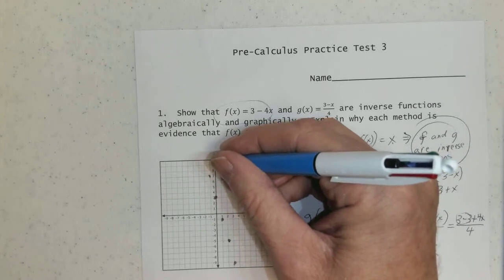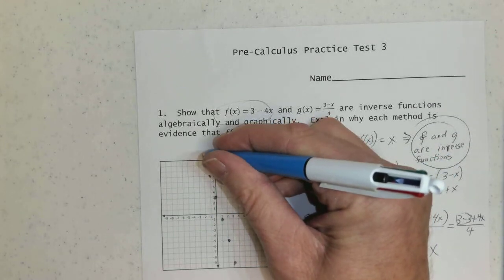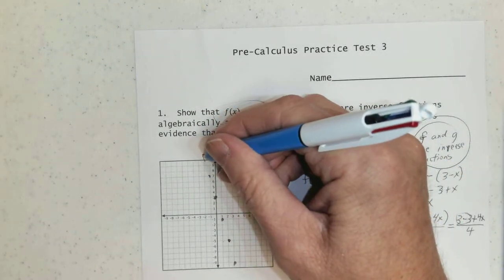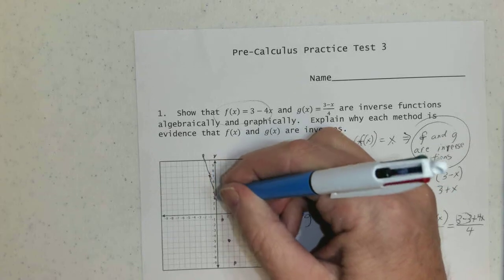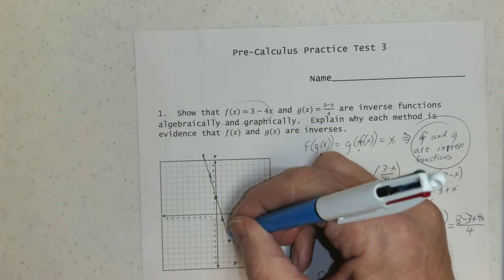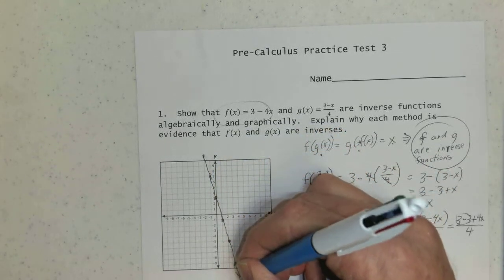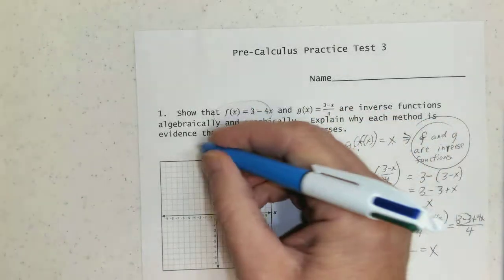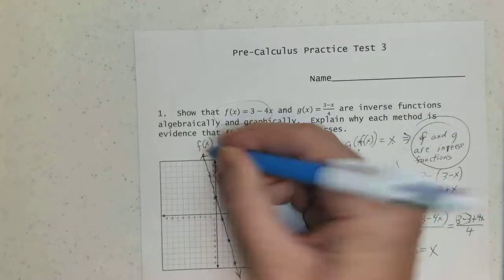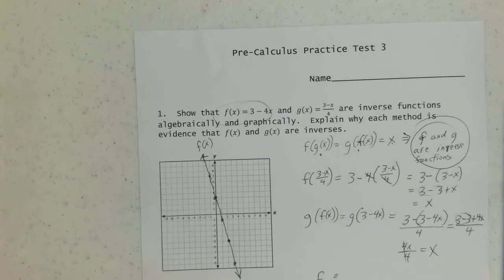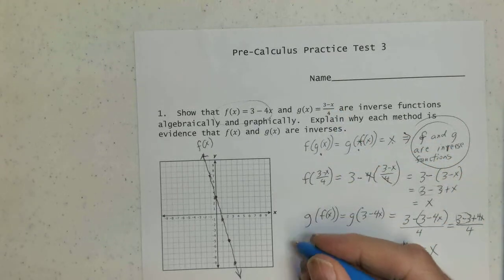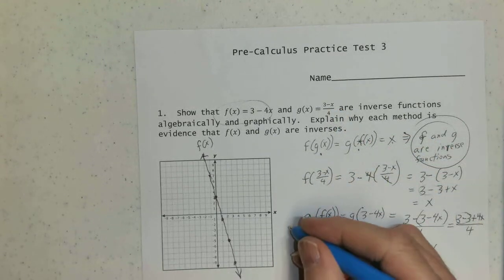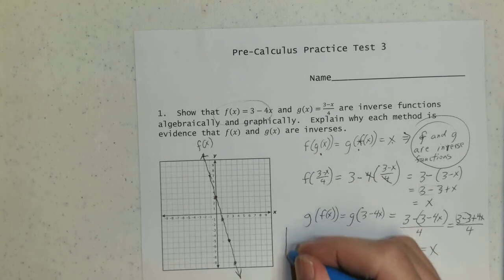Let's see. Right there. Alright. Kind of careful. This is f of x. Now g of x, I'm gonna actually just make a table for g of x.